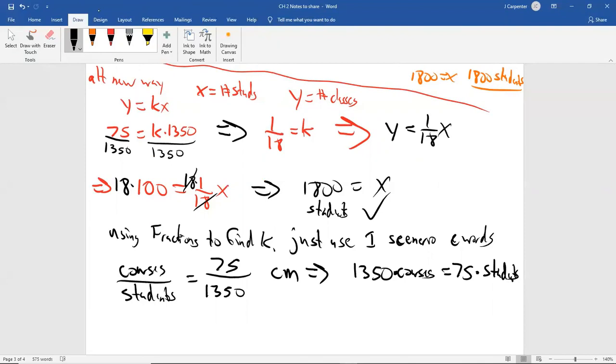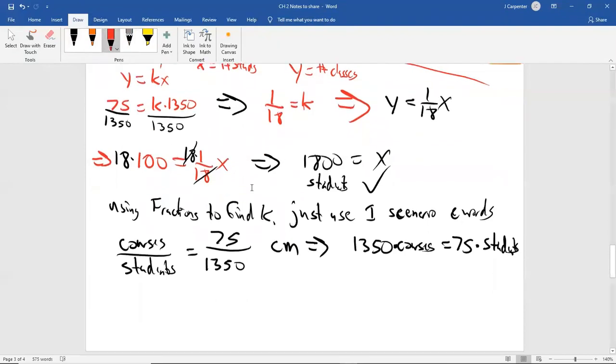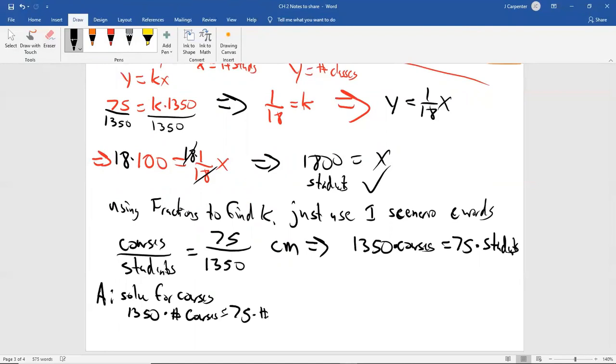If I solve for courses, you take the 1350 times the number of courses equals the 75 times the number of students.